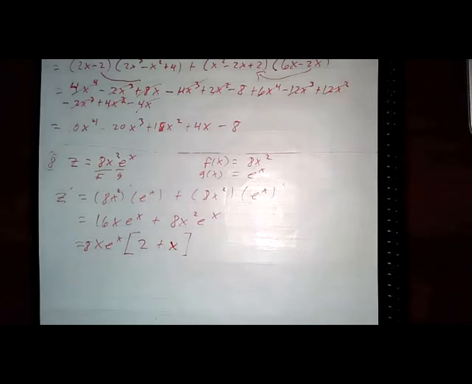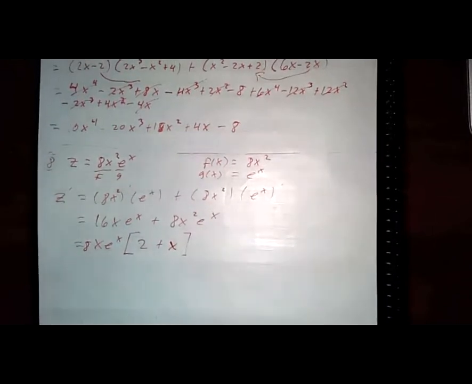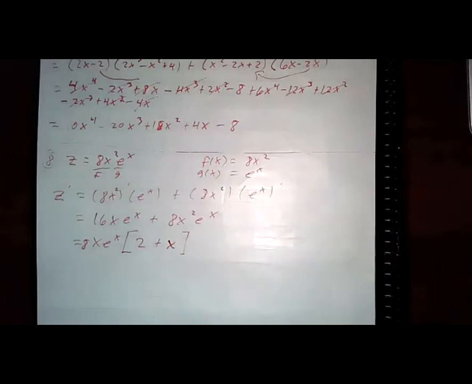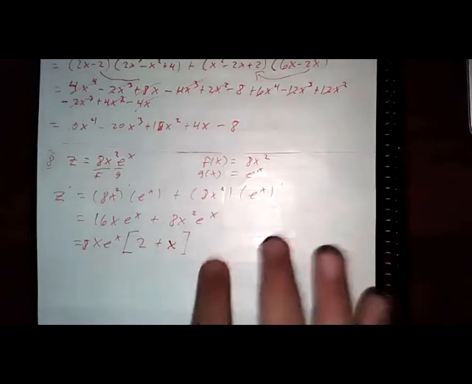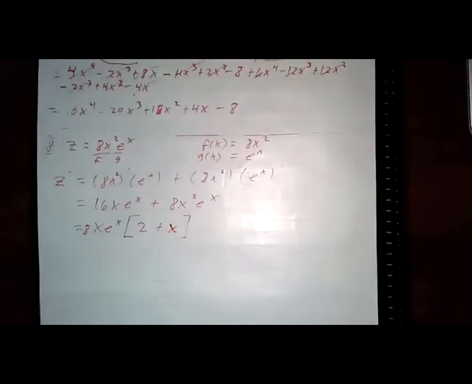Is that one of the acceptable answers, or let me just leave it as 16x e to the x plus 8x squared e to the x? They left it this way, so you wouldn't have to factor. I just did it because sometimes they do. But for me, yeah, I'll take either one. It's just that if you look at the answer choices and it's not there, it might be because they took a step further. Just trust your work if that happens to you.